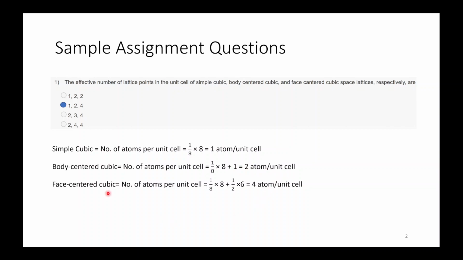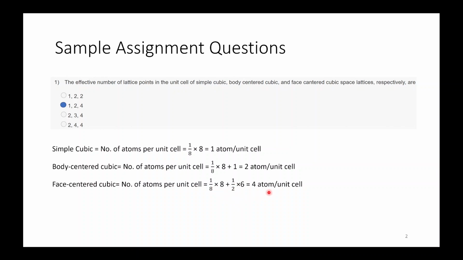In case of face centered cubic, there will be atoms at the face centers. A cube has 6 faces, so we multiply 6 by half, because an atom at a face center is shared by 2 cubes.